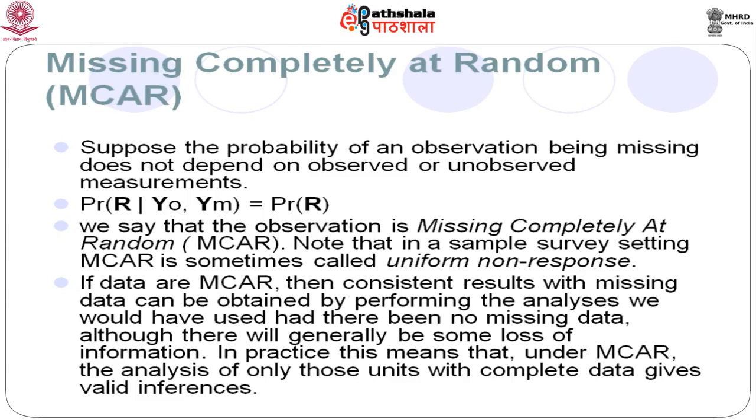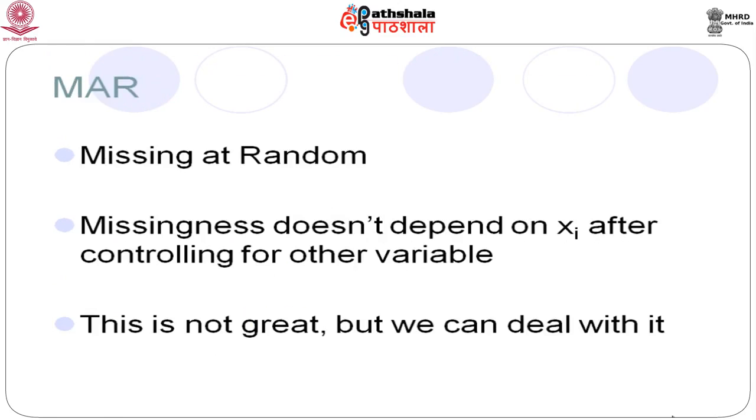Missing completely at random is the simplest type of missingness pattern. So, what I want to say here is that probability R, the observation is missing or not, depending on y naught and y m, does not depend on the observed or unobserved measurement. All right. So, this is missing completely at random. So, missing completely at random is the very simplest, as I said, and it is helpful in getting the consistent estimate of the parameters.